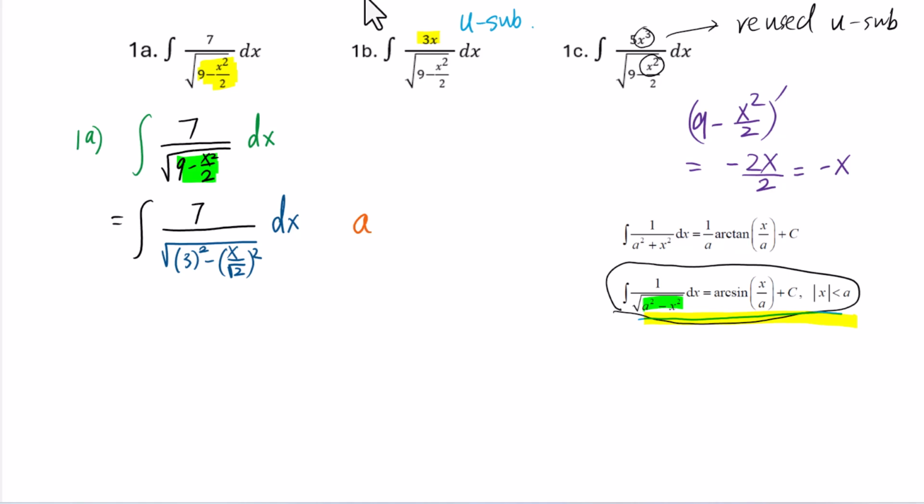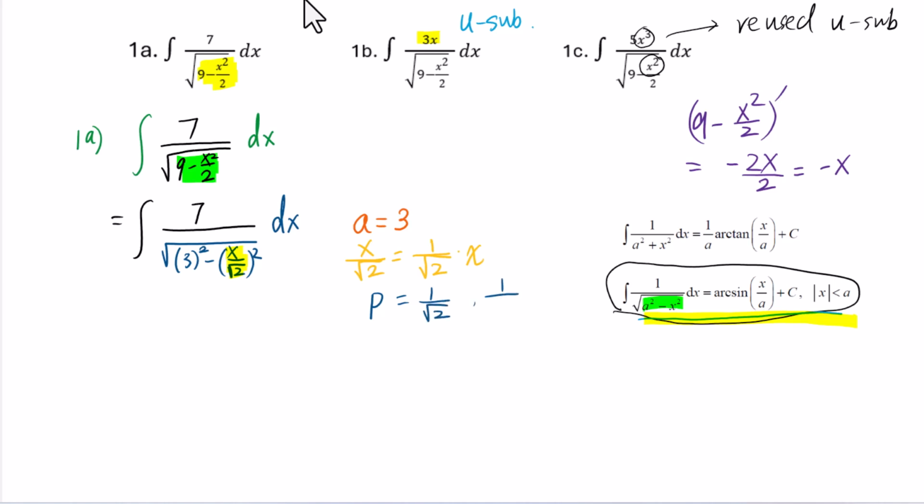So we got a equals 3. Consider this x in linear function form. x over square root of 2 equals 1 over square root of 2 times x. So p equals 1 over square root of 2.